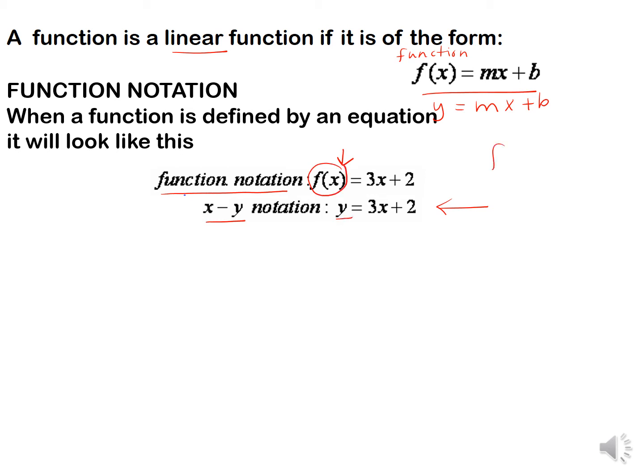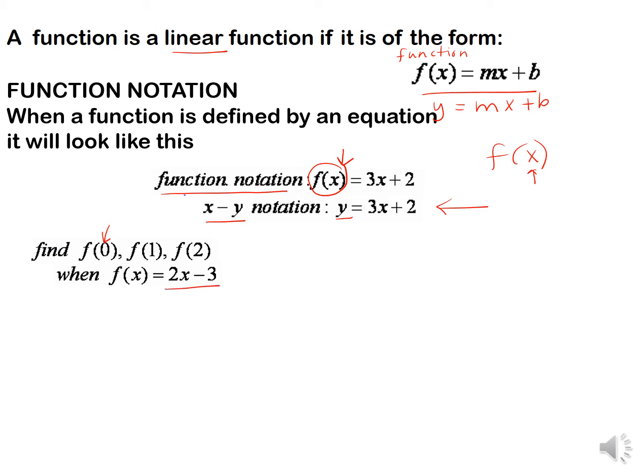So what in the world does this mean? Let me show you. Okay, so if it says find the f of 0, notice that there's an x in there, it's saying find the answer for the function when x equals 0. This is the function, okay? Find the value of the function when x equals 1. So we could make a little t-chart and we plug in the 0.